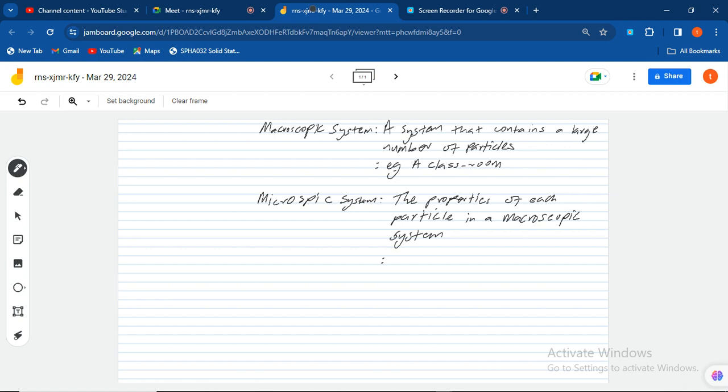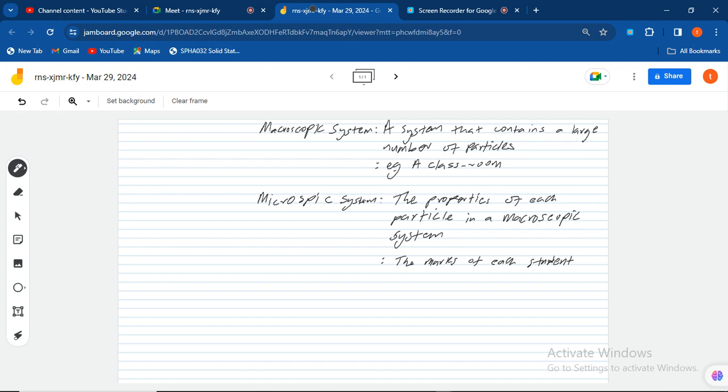It can be the marks of each student, the date of birth, and so on and so forth.